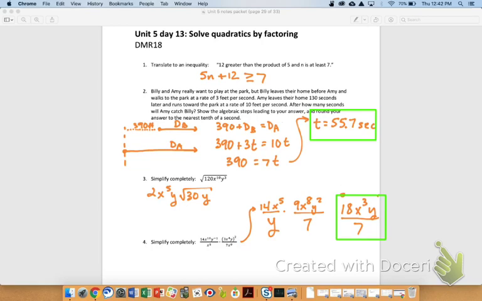Please look at those details carefully. Let's do a little comparison. If you see the words "12 greater than," that always means plus 12.